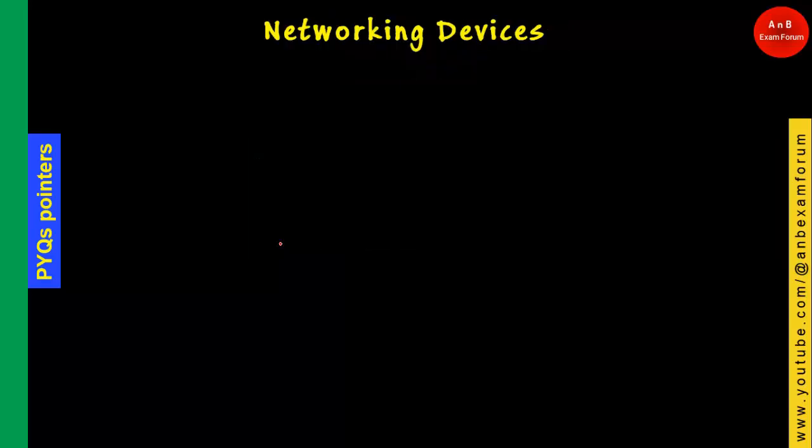so the first one is, what is the function and purpose of networking devices? Okay, so you know that basically a network is a collection of computers which is used to share resources. Okay, so in order to connect those computers or those nodes, we need some devices. Those are called networking devices.